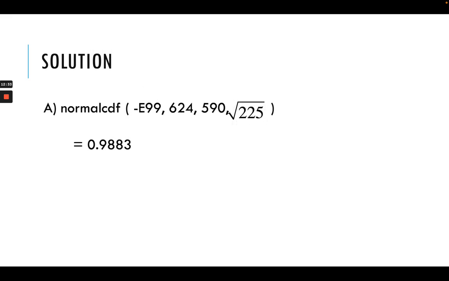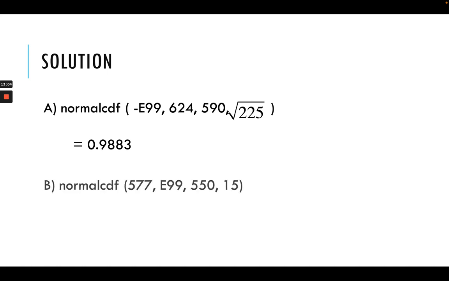And so for A, this should be our setup, normal CDF. Negative E99 as our lower bound, 624 as our upper bound, 590 as the mean, and then the square root of the variance, 225. And that should come around as 0.9883.